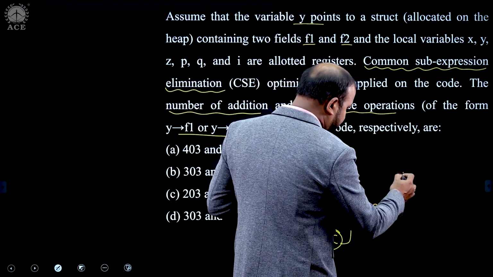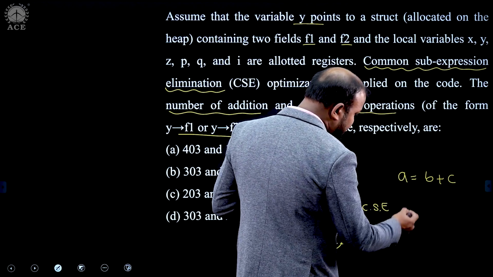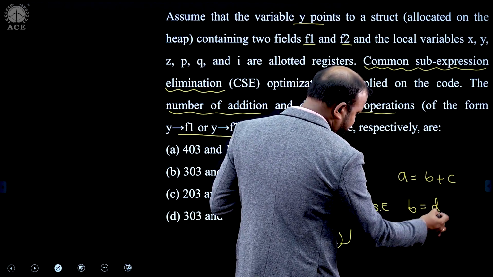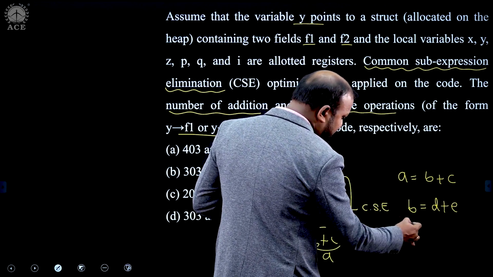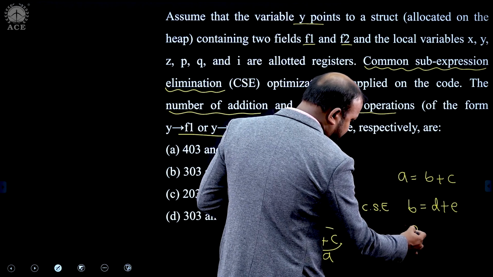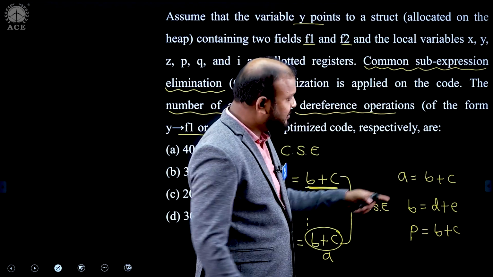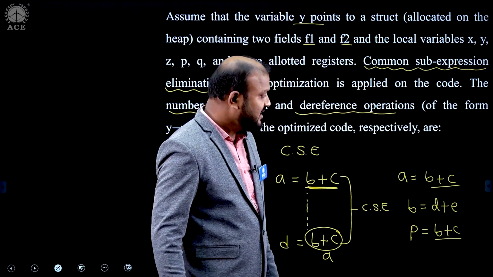Suppose we have a statement A equal to B plus C. And here the value of B is changed to some value of D plus E. And here we have one more statement, P equal to B plus C. Now observe, B plus C and B plus C are the same expressions.